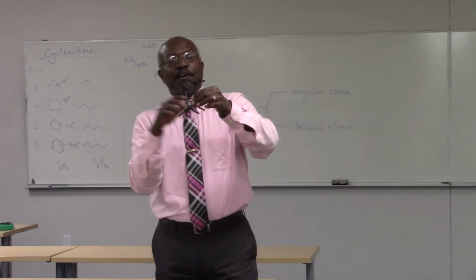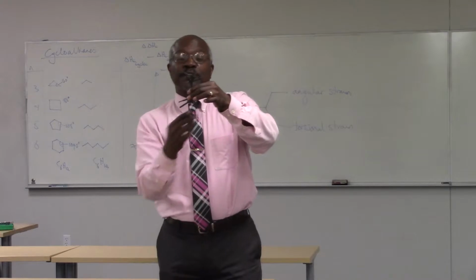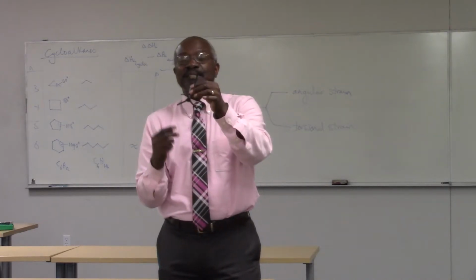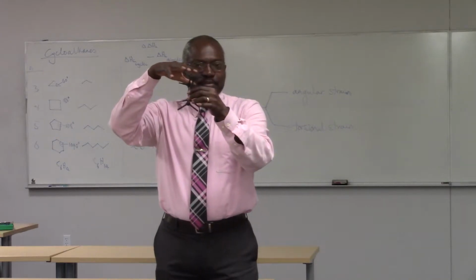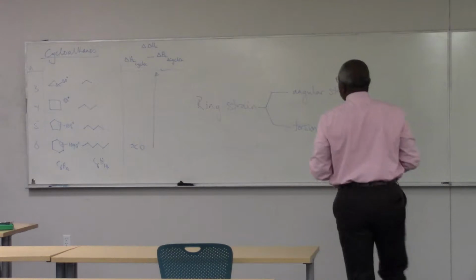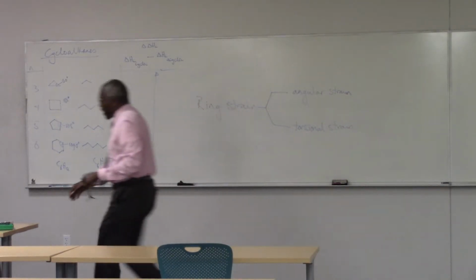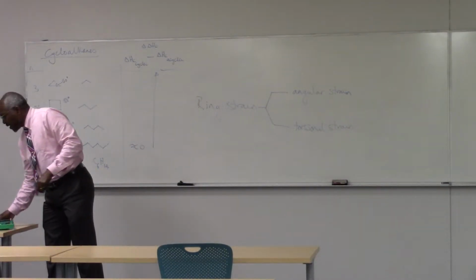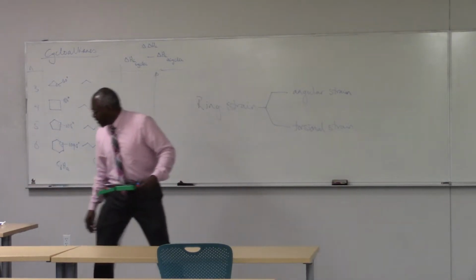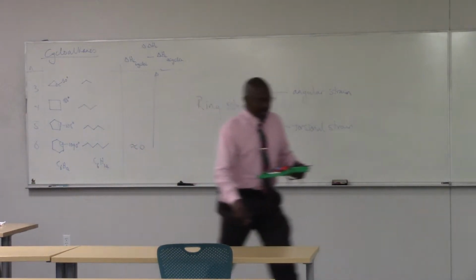When my groups are right next to each other, dihedral angles of 0 degrees, particularly when I'm dealing with a large group, okay? So, what we're going to do is see how those two types of strain play out in the various rings.